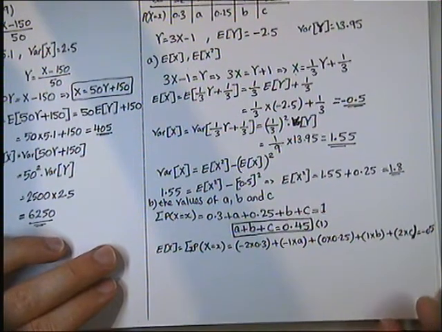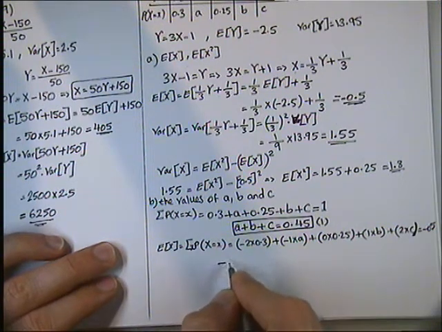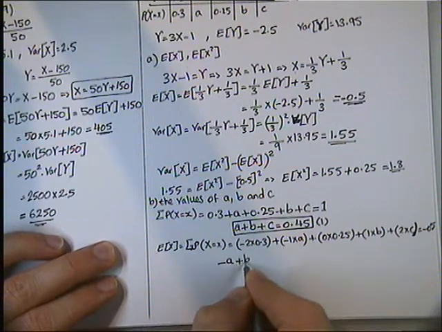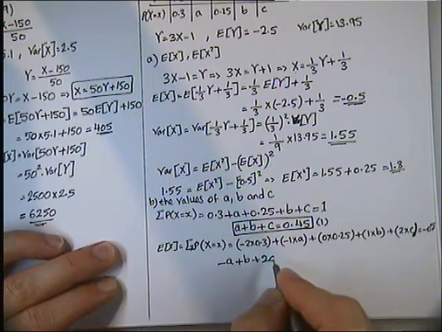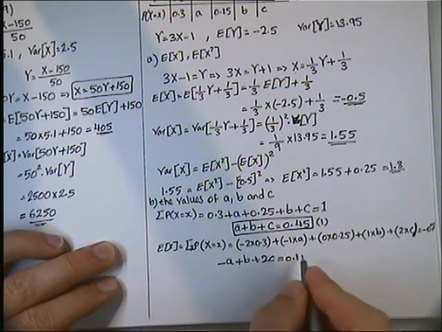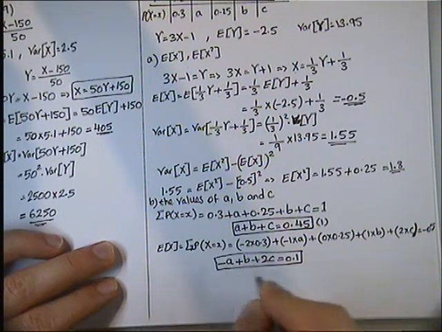Therefore simplifying and rearranging, we should get minus a plus b plus 2c is equal to 0.1. I call this one equation 2.